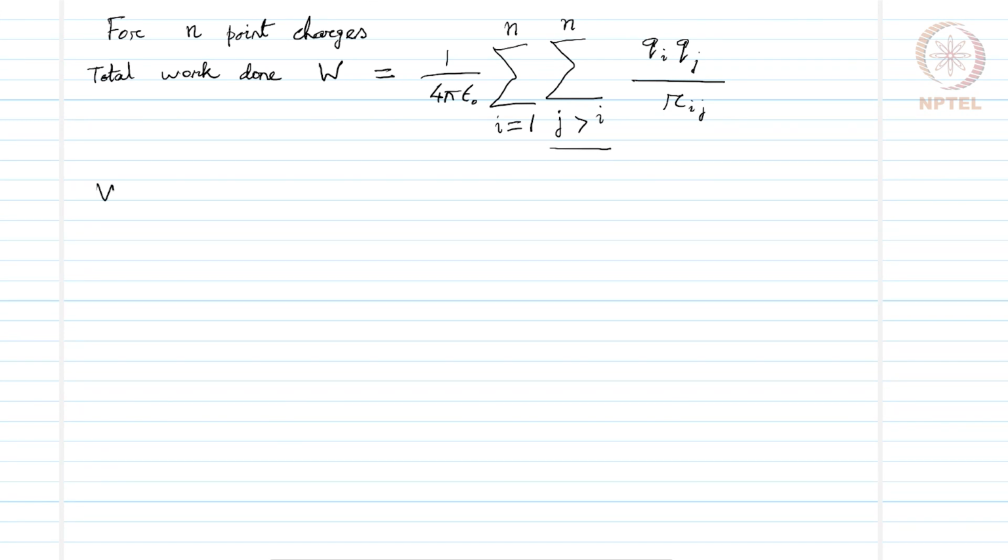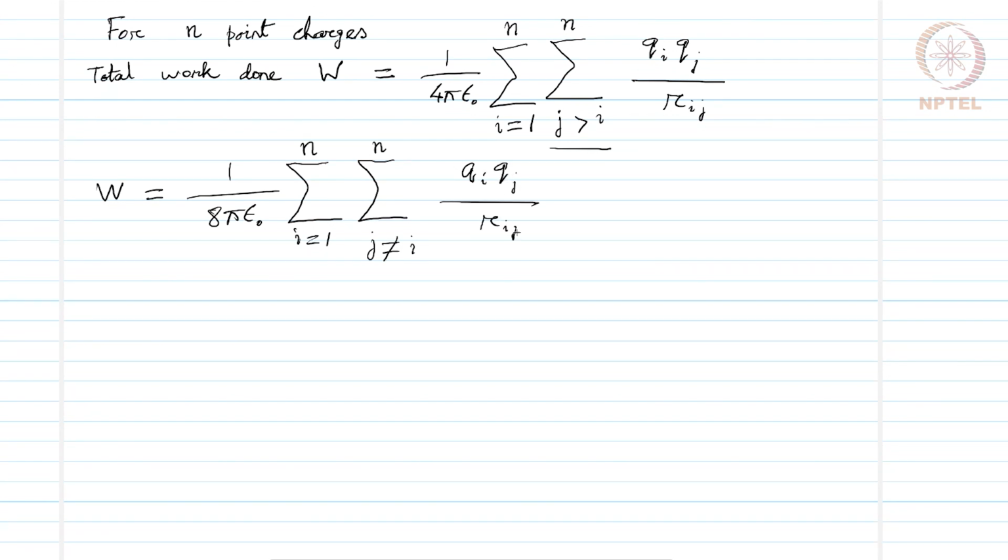So, we can write the work done as 1 over 8 pi epsilon naught, including that factor half, sum over i equals 1 to n, j not equal to i, that runs up to n. With j equals i, we will have Rij going to 0 and we will run into a problem. So, we avoid that condition, Qi Qj over Rij.